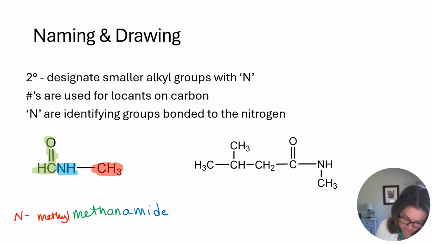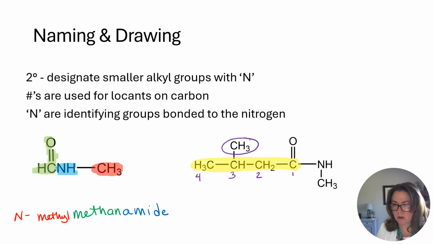All right, let's move on to our second compound here. Let's go ahead and identify our carbon chain. So here is our parent carbon chain with the carbonyl. Now the carbonyl is always carbon number 1. 1, 2, 3, and 4. I do have a methyl group here on carbon number 3 on my parent chain.